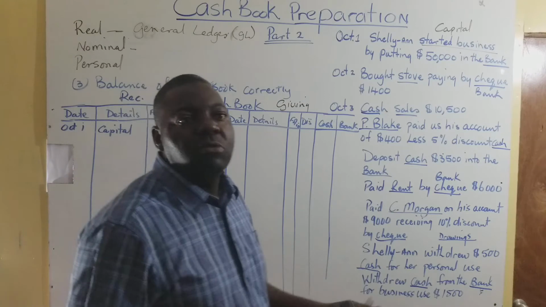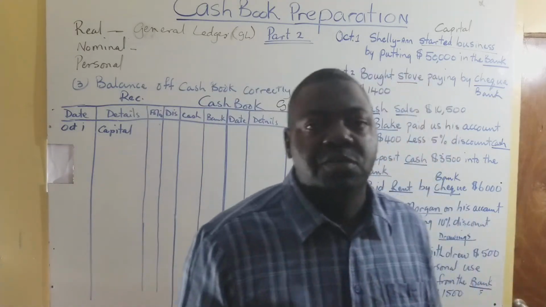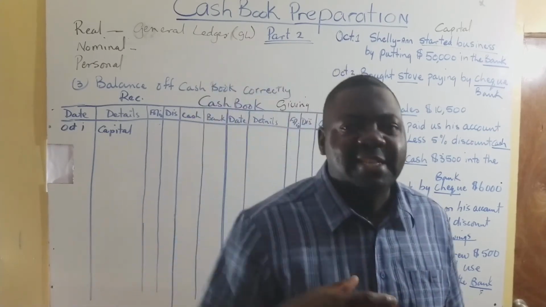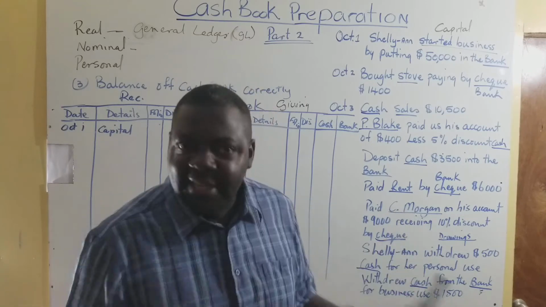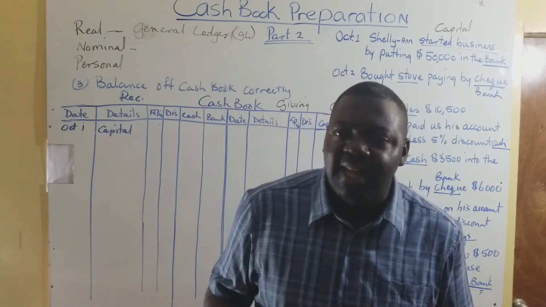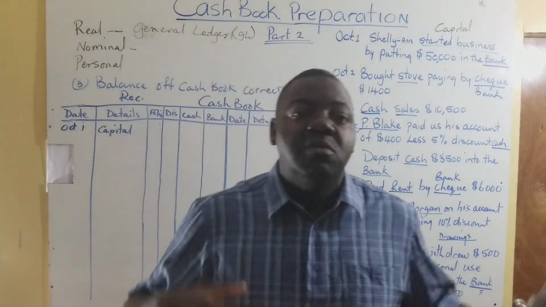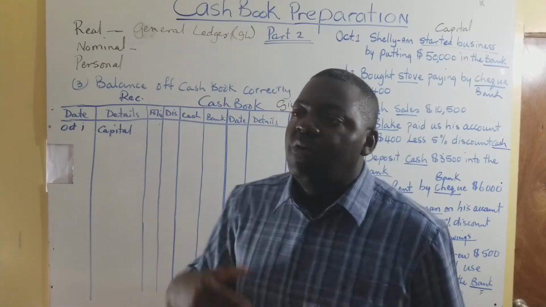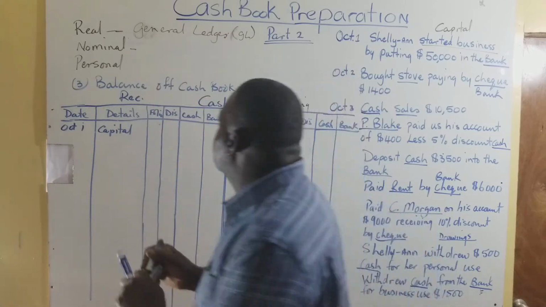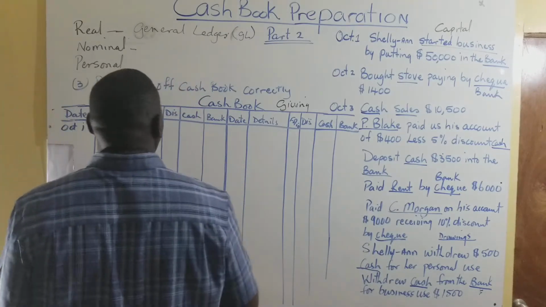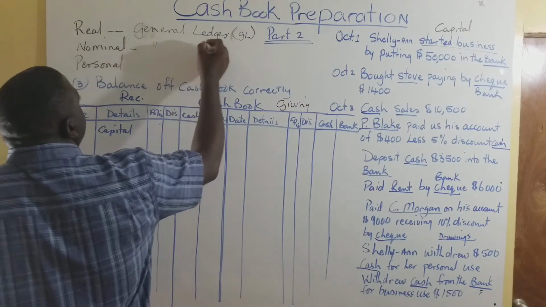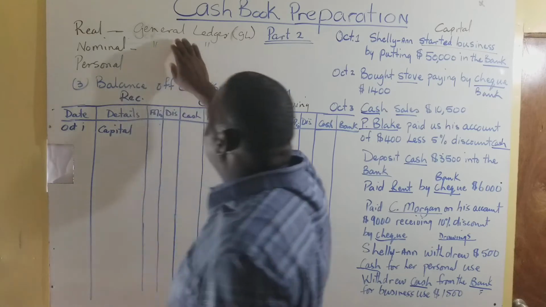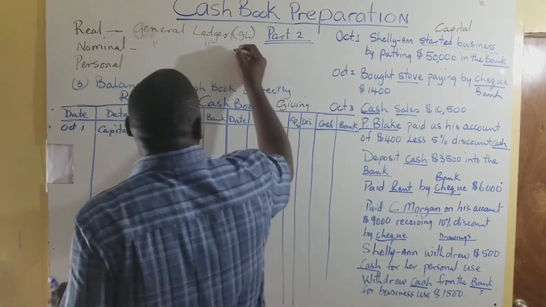It's like your sales account and your purchases account. Those are nominal accounts. Your expense accounts such as rent, such as wages and salaries, insurance, stationery, all of those are expenses. Yes, your discount received, your commission received, those are also referred to as revenues. All right, so all of those accounts are referred to as nominal accounts, and nominal accounts also go to your general ledger, right? They are open in your general ledger, so they would be GL.